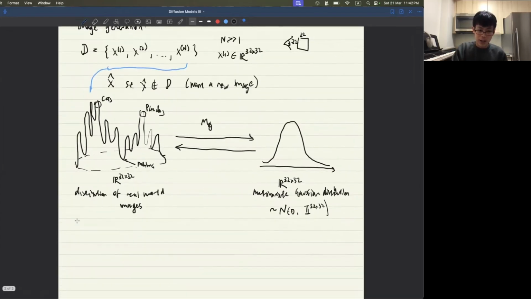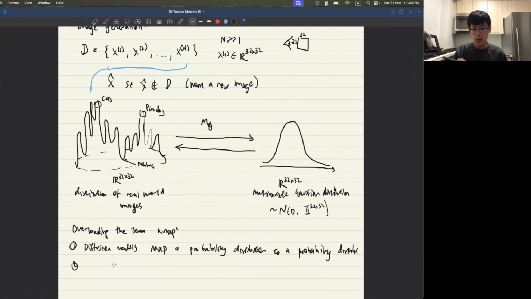I just want to clarify over here that I am sort of overloading this term of map. What I have said over here is that diffusion models map a probability distribution to a probability distribution.